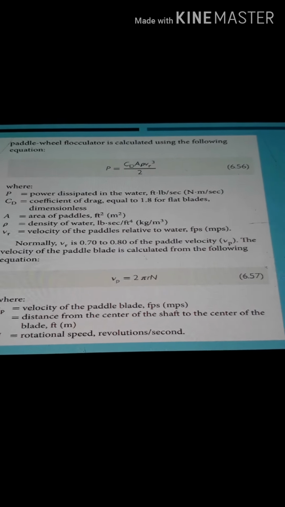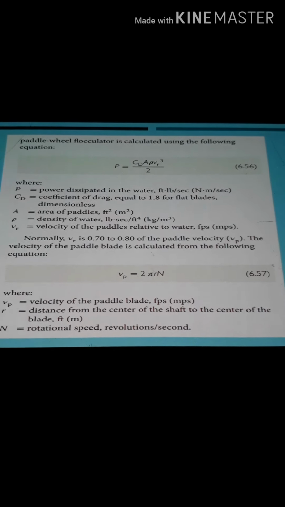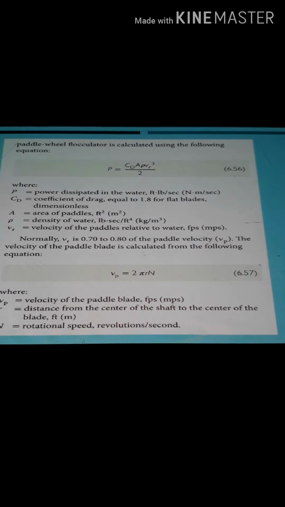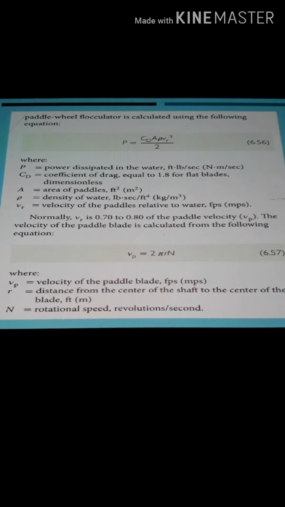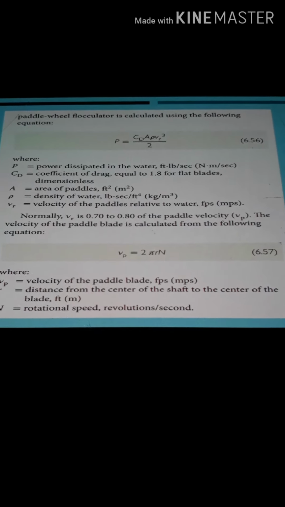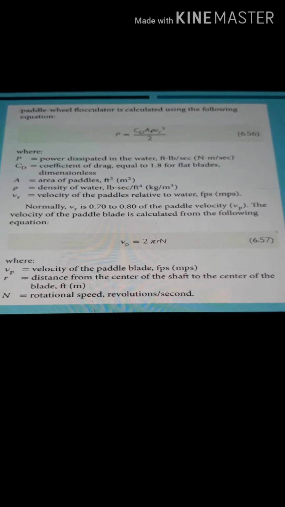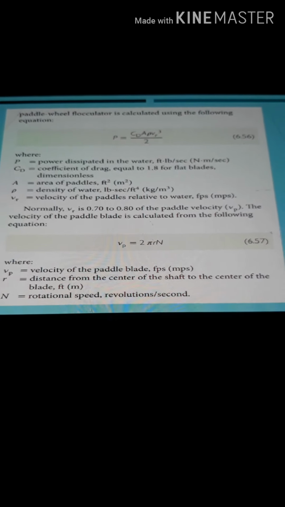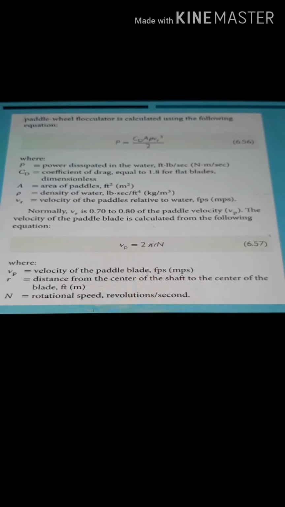Normally, VR is 0.70 to 0.80 of the paddle velocity. The velocity of the paddle blade, or VP, is equal to 2 times pi times distance from the center of the shaft to the center of the blade times rotational speed or revolutions per second.